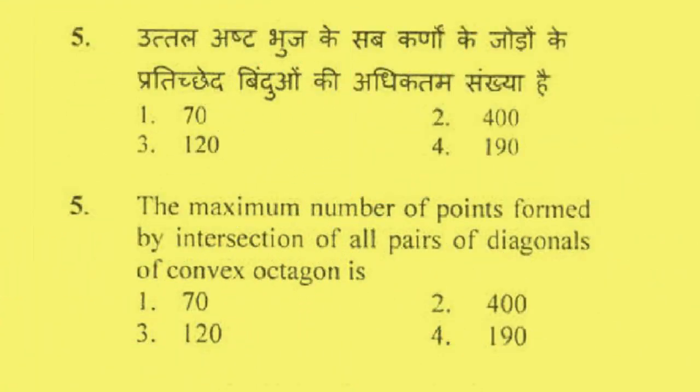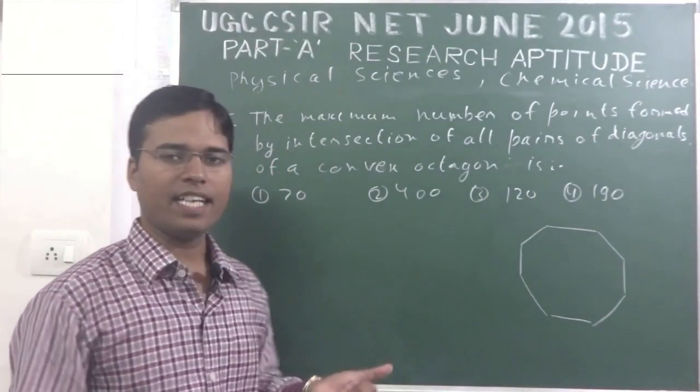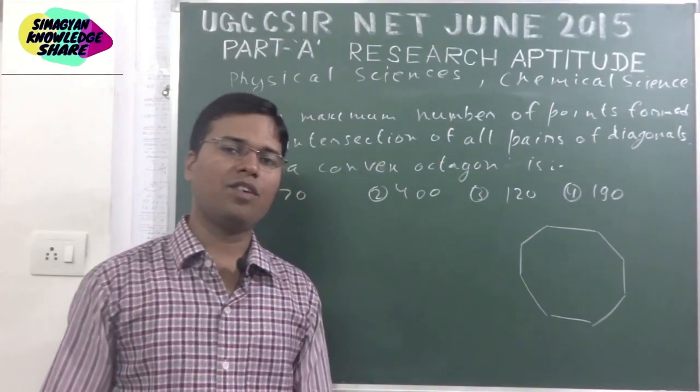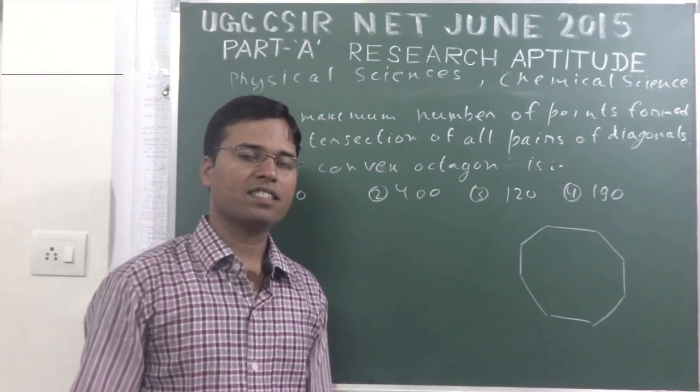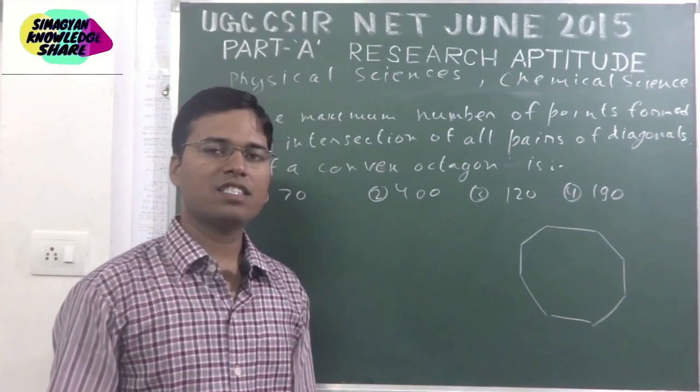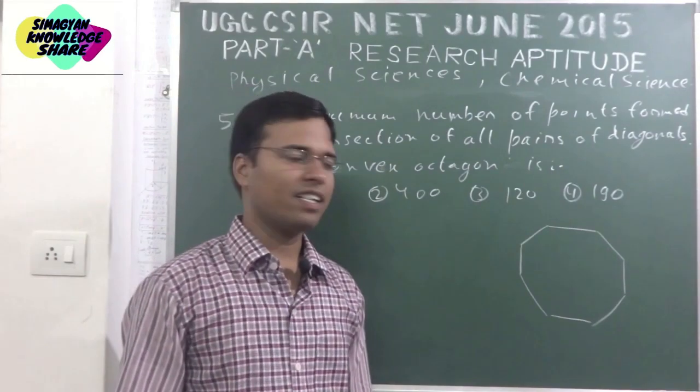The next problem, number 5, asks: the maximum number of points formed by intersection of diagonals of a convex octagon is. There are 4 options: 70, 400, 120, 190. In this problem, the question is asking the maximum number of points of intersection of diagonals of a convex octagon.